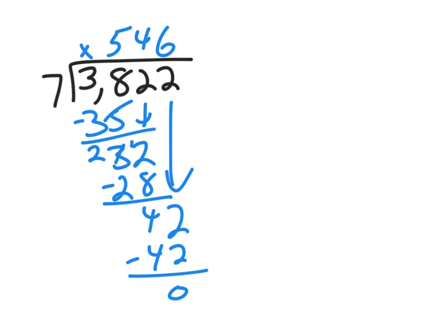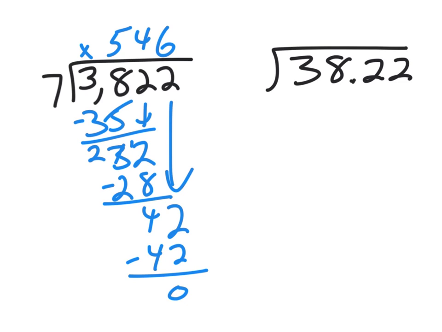Now, what if I took the same problem, the same numbers, but I've got a little something different in there? Same numbers, but I'm going to put a decimal right there. How do I divide with a decimal in the dividend? Just like multiplication.